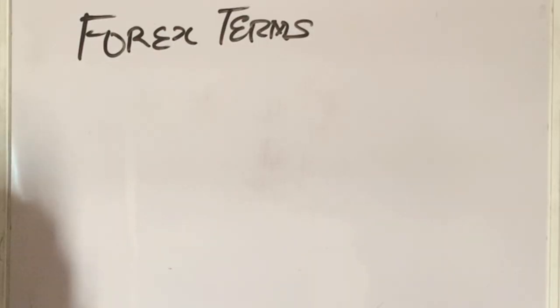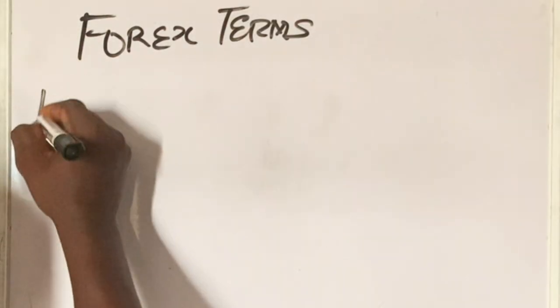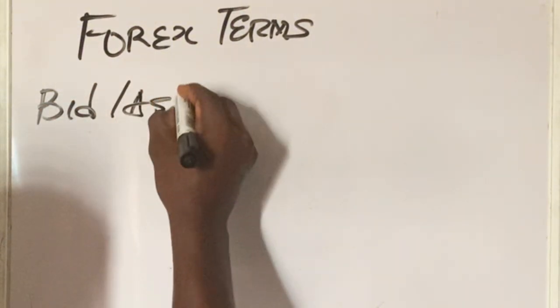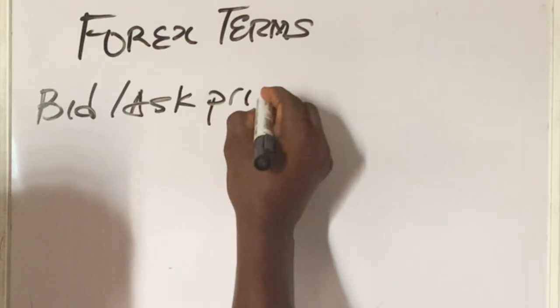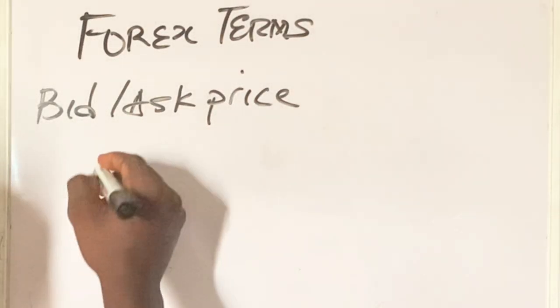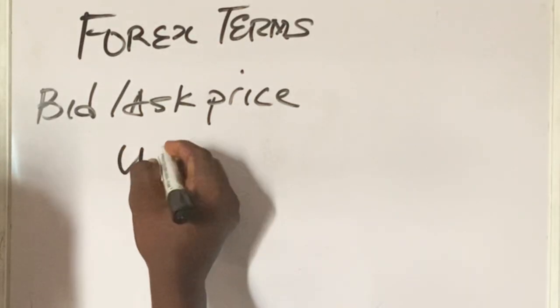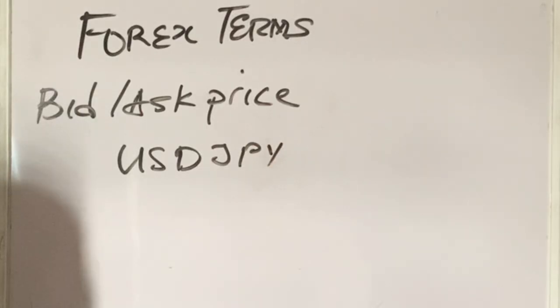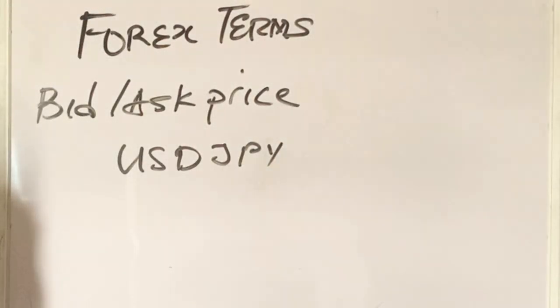Now the next forex term that we have is bid and ask price. Now in trading, when currencies are paired side by side, like let's say for example we have USD JPY, there will be a price that you want to buy from or sell from. That is what is called price.